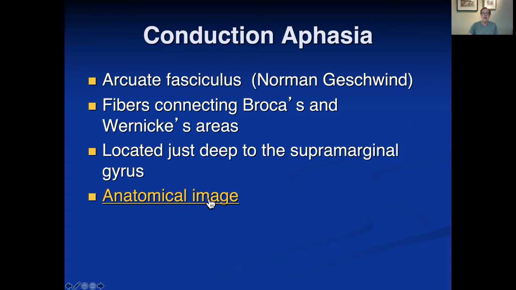So deep to that, you'll find the arcuate fasciculus connecting this and this. And deep to that, a lesion can result in relatively fluent speech, relatively preserved ability to understand spoken language, but an impairment in imitating speech. Seems odd, doesn't it?